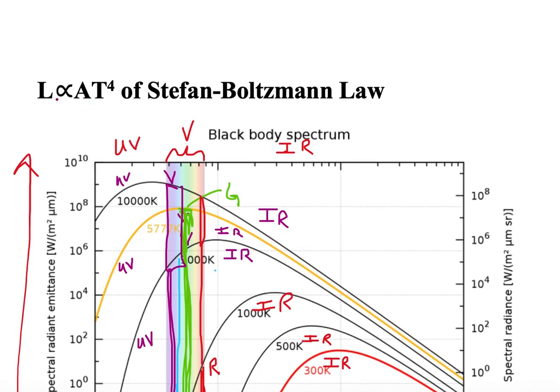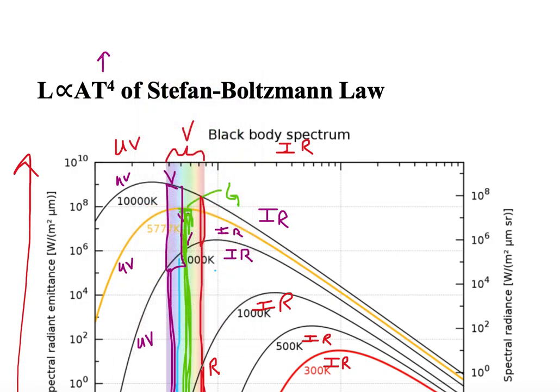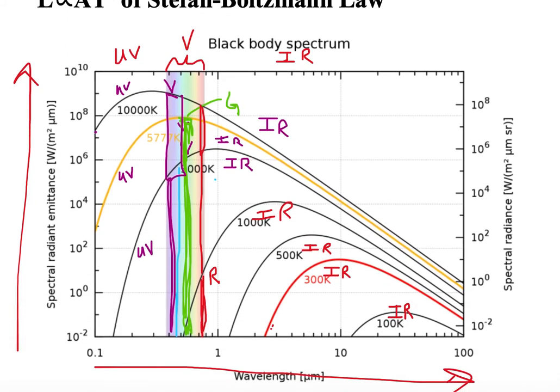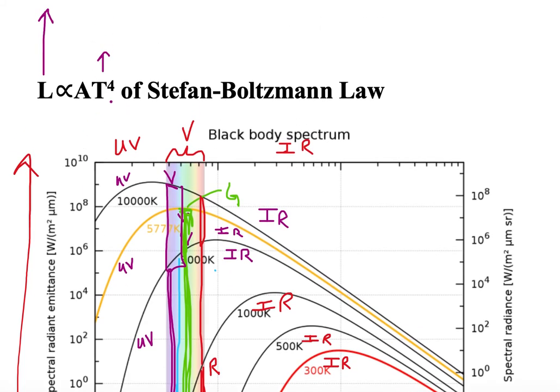You can see this in the Stefan-Boltzmann law, that as the temperature goes up, the luminosity, which is your power, goes way up. Notice temperature is to the fourth power, so luminosity is going to go way up. The 10,000 Kelvin surface object is very luminous compared to the 1,000 Kelvin surface object. So that's one property of the Stefan-Boltzmann law.